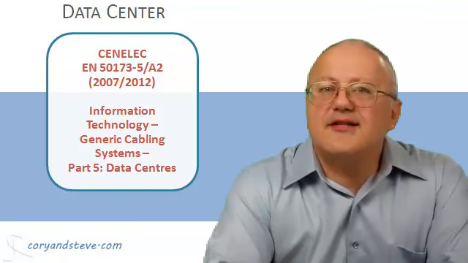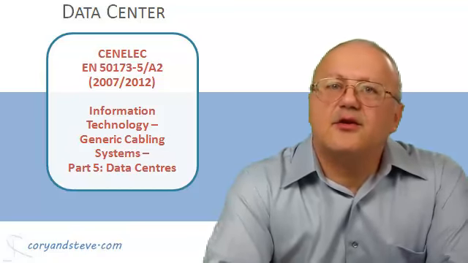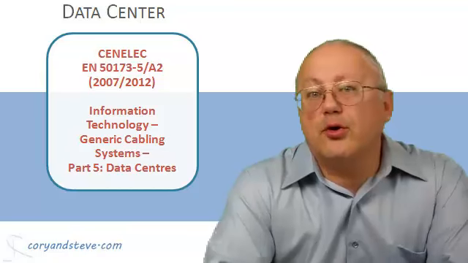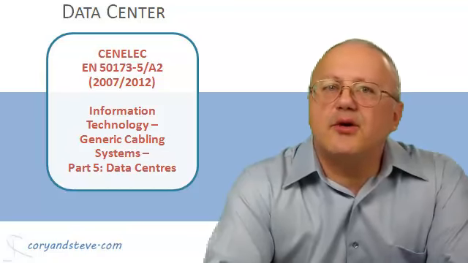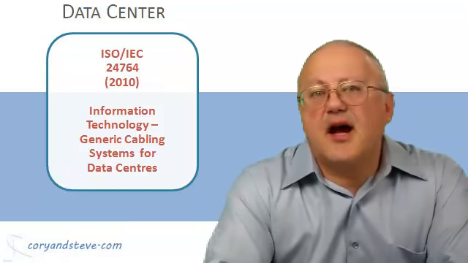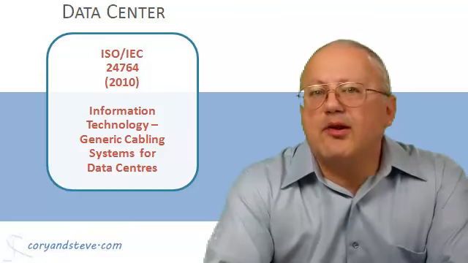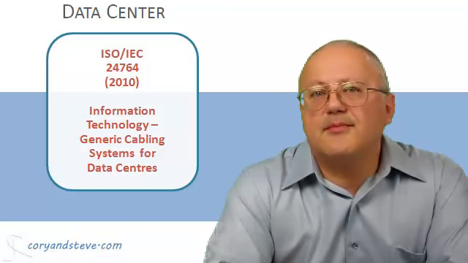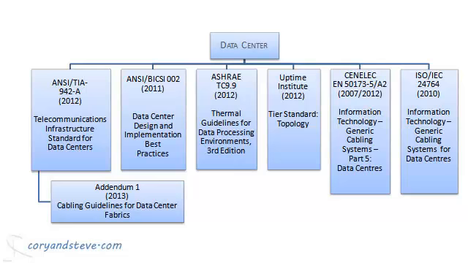And since many organizations that operate data centers do so on a multinational or global basis, it's important to include the European equivalent to the TIA, which is CENELEC, as well as ISO IEC, which is a global reference source. And here they are as a group.